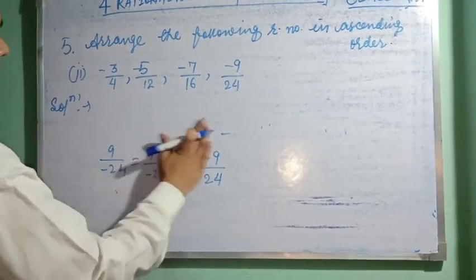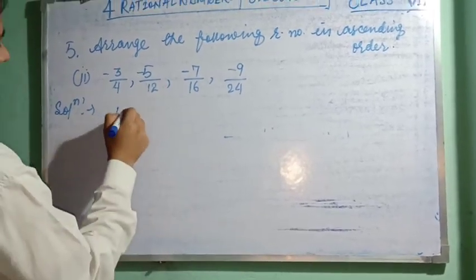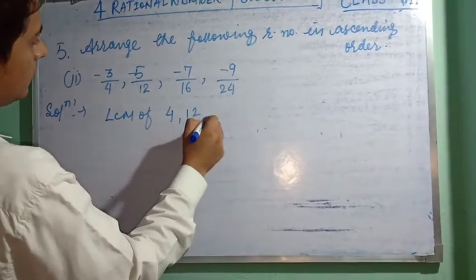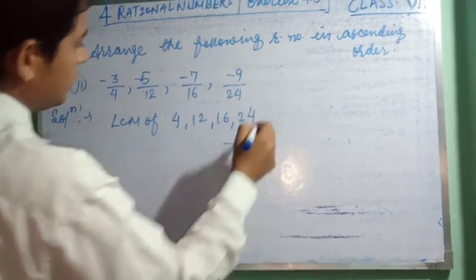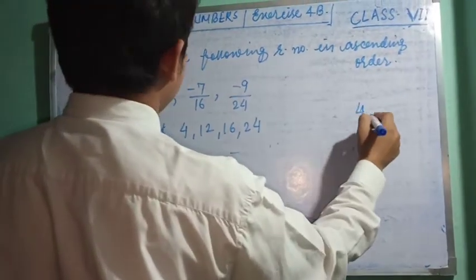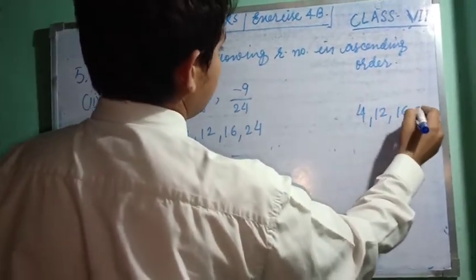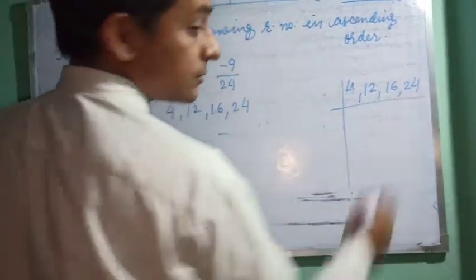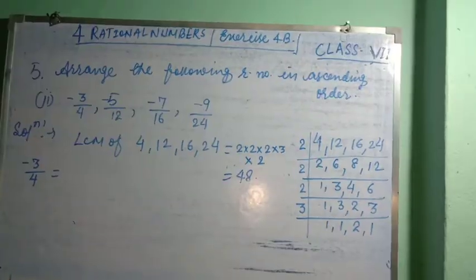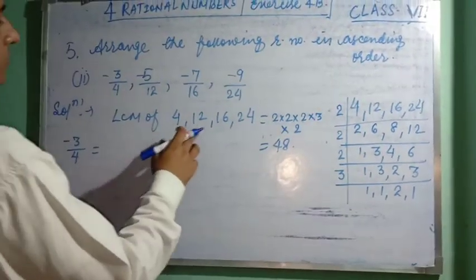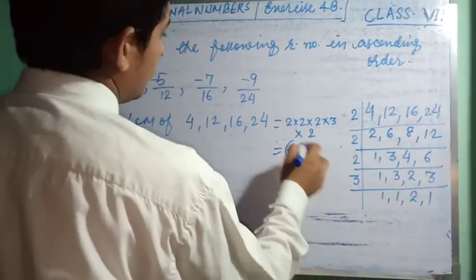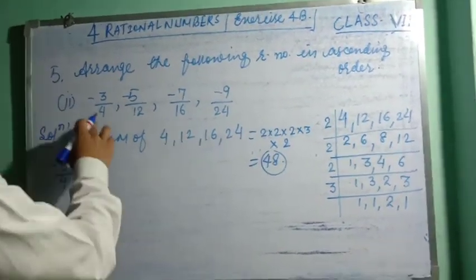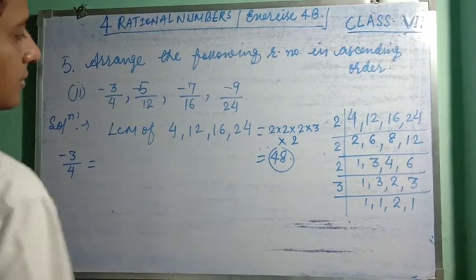Now next, find the LCM of all denominators, 4, 12, 16 and 24. Now friends, the LCM of 4, 12, 16 and 24 becomes 48. Now first of all we have to make all the denominators 48.